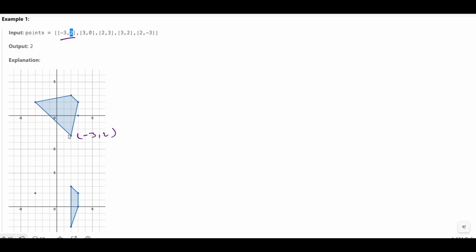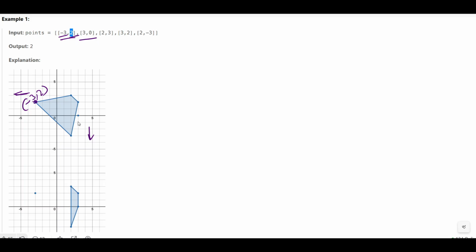When y is at 2, we can say this point. Here x goes in the minus direction, this direction, and y in this direction. So minus x means -3 and 2. We can say this is your -3 and 2.